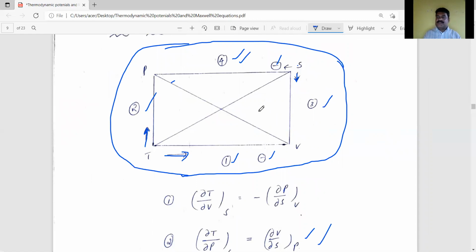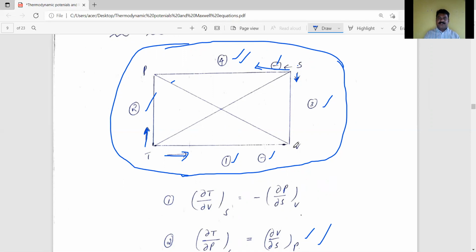Similarly, what is the Maxwell's fourth equation? Let us move to the number 4 side. Here we have the arrow mark direction in this way. So let us start from this letter. Dou S by dou P at T equal to.